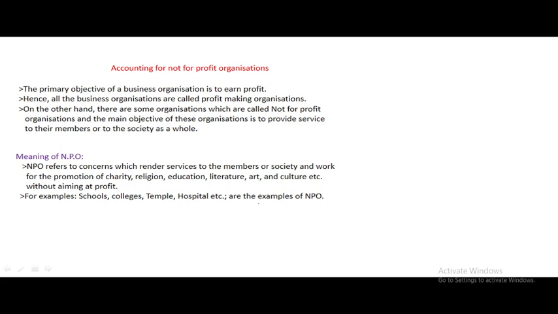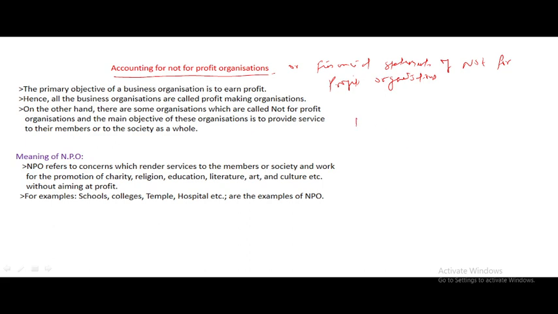Now we are going to start accounting for not for profit organizations, or financial statements of not for profit organizations. Students, listen carefully.